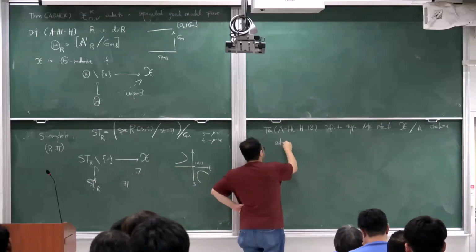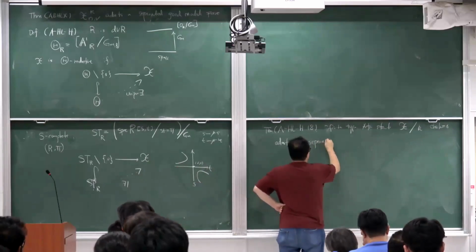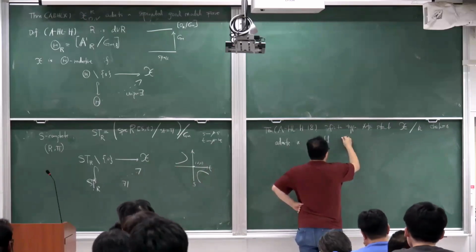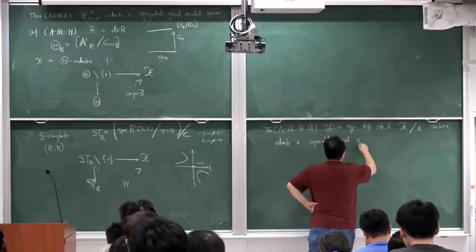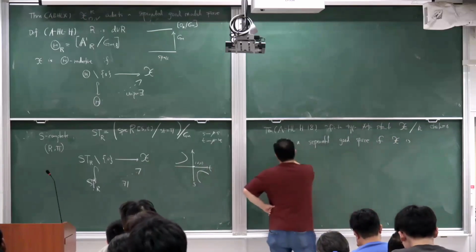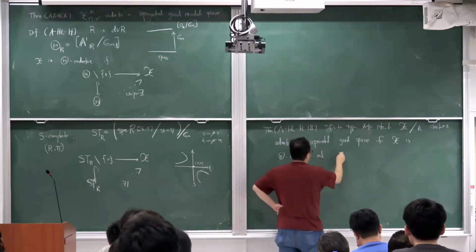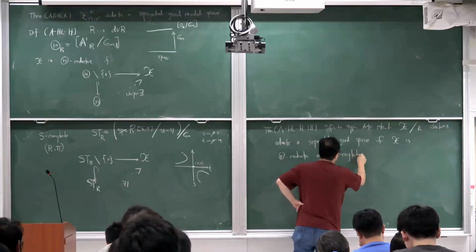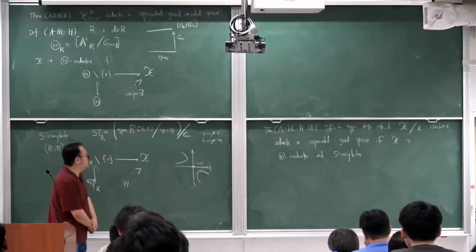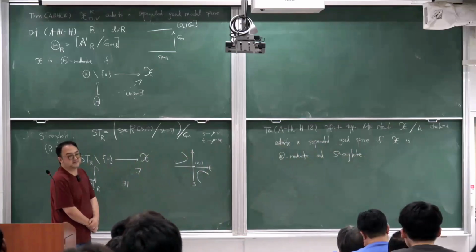X admits a separated good moduli space if and only if X is theta-reductive and S-complete. So this gives you an if and only if evaluative criterion to check that your stack admits a good moduli space.